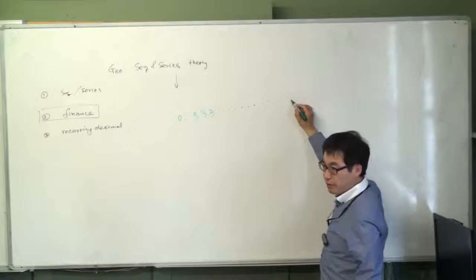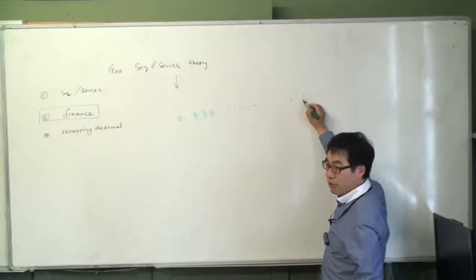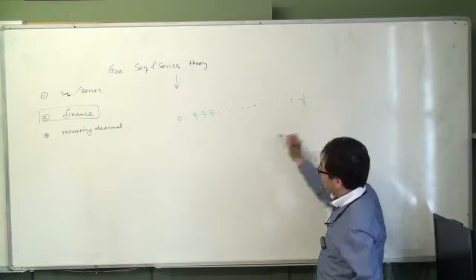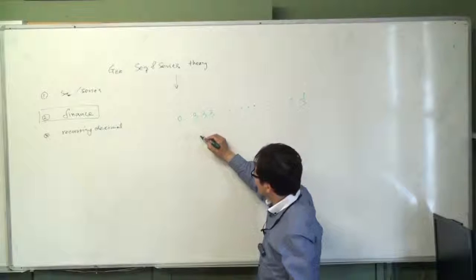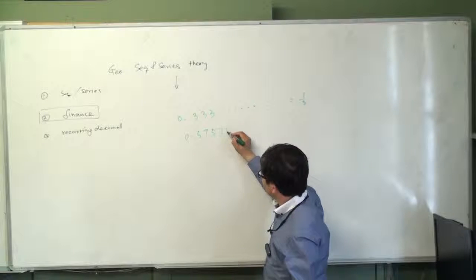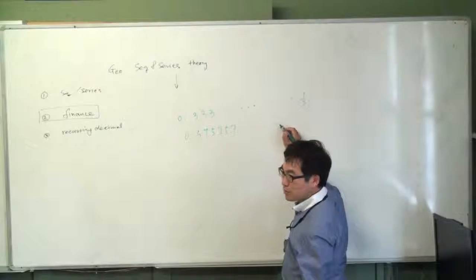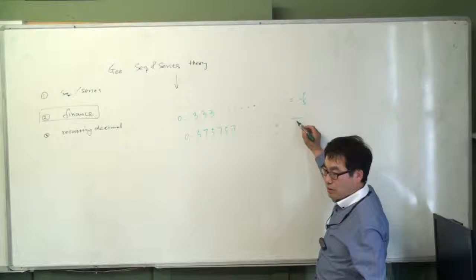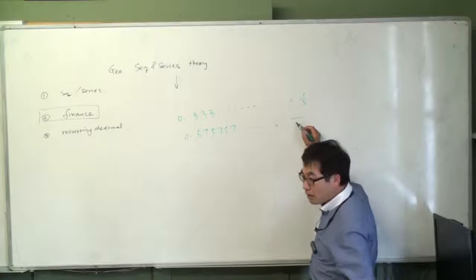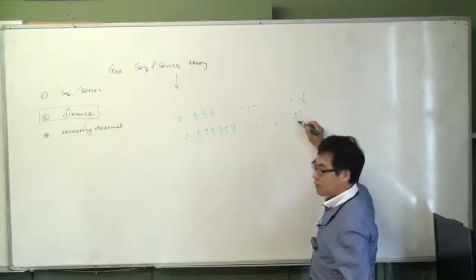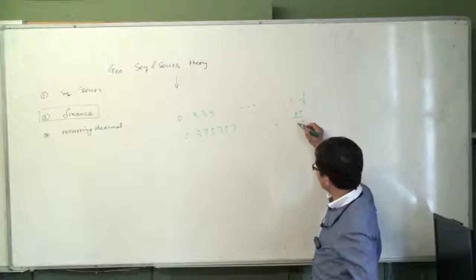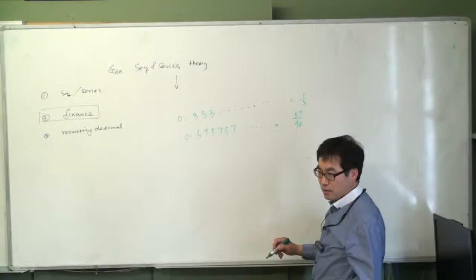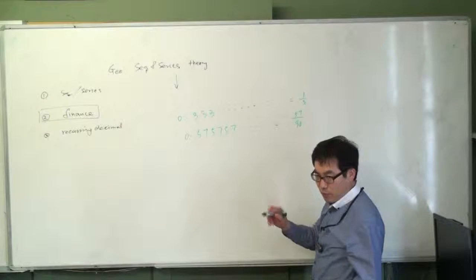What's the answer? 1/3, isn't it? Then what about this? How do you calculate? I'm starting to forget, but is it over 90? There is a certain formula, isn't there?